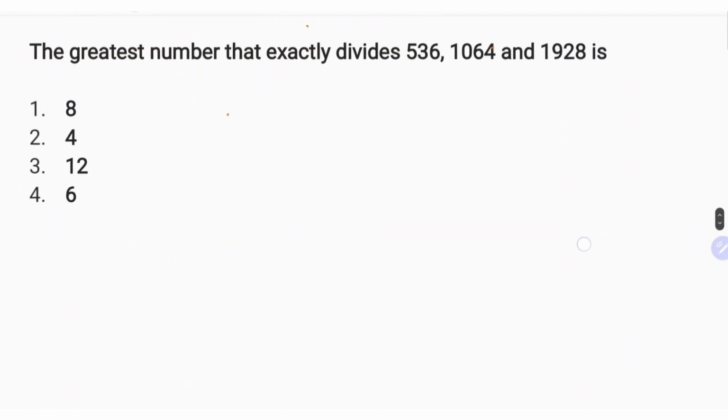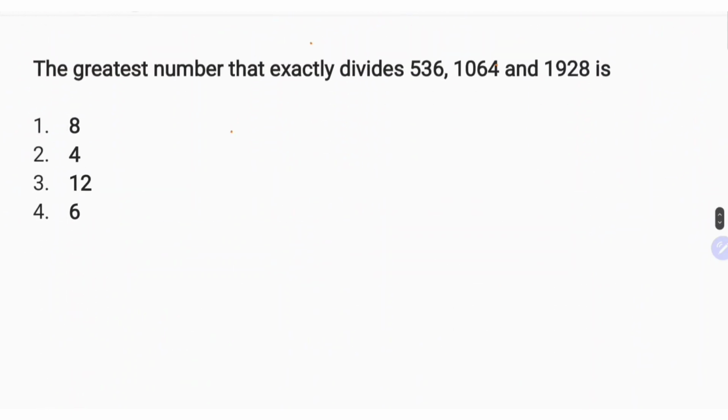And next one, the greatest number that exactly divides. Here, the greatest number that can exactly divide. Coming to the options, I am not going to do it in a procedural way. I can tell you the shortcut. It can be helpful for many questions. Taking 12. 12 can be divided by this one 4 times, 48, 56, not at all. 12 cannot divide, so eliminate 12.